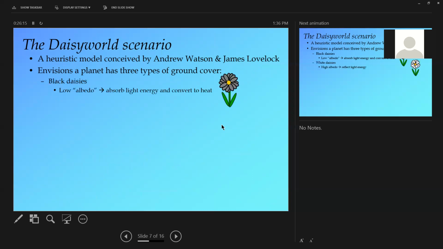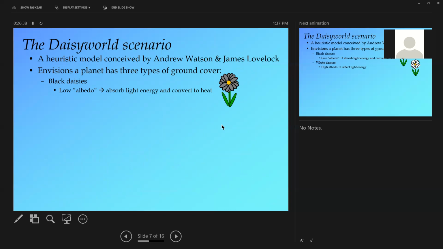You've got black daisies. And what do we know about black objects in general, the color black? What do we know about them? They soak up a lot of heat. If light shines on something black, that black object absorbs a lot of heat.